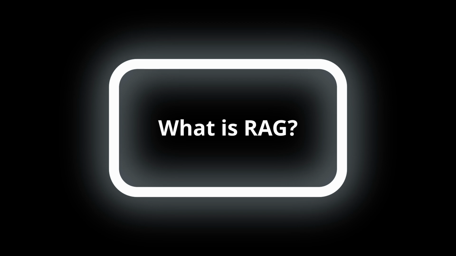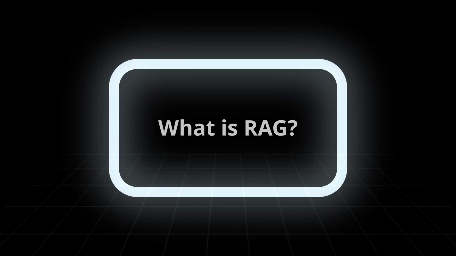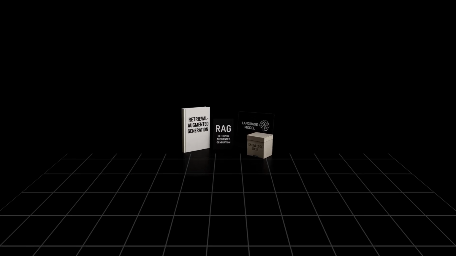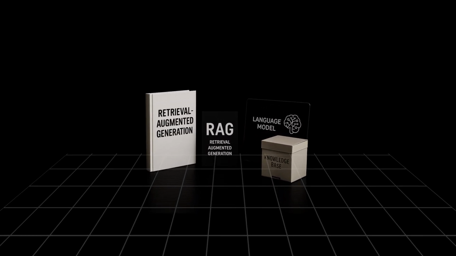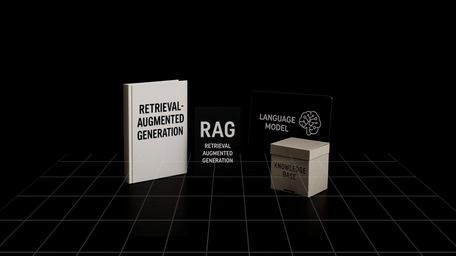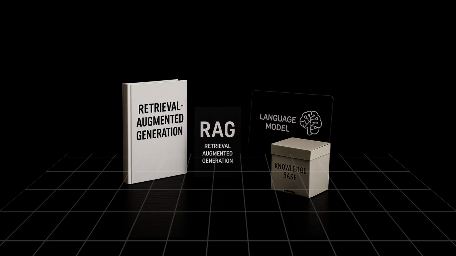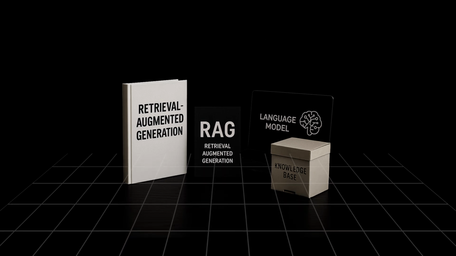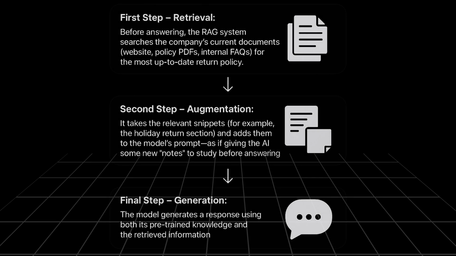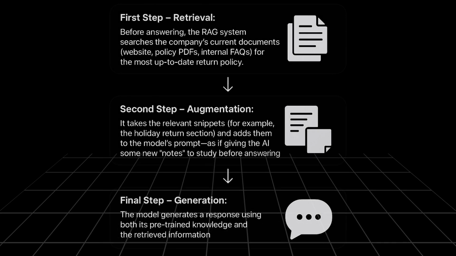What is RAG? Retrieval augmented generation is a technique that enables large language models to retrieve and incorporate new information. It is a powerful technique that enhances language models by combining them with an external knowledge base. RAG addresses a key limitation of models. Models rely on fixed training datasets, which can lead to outdated or incomplete information.